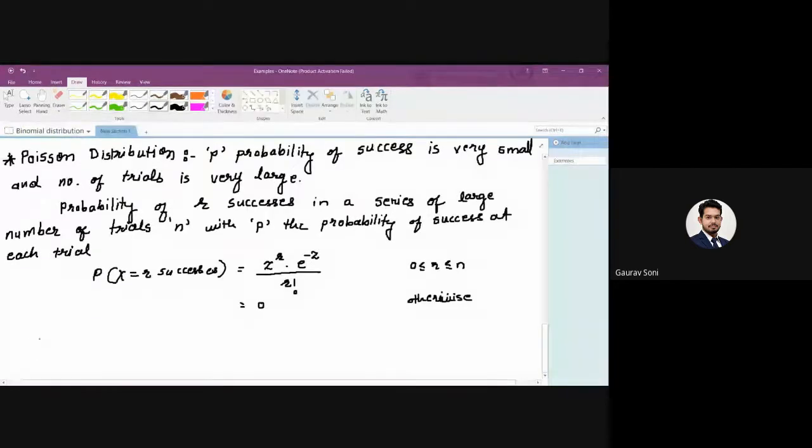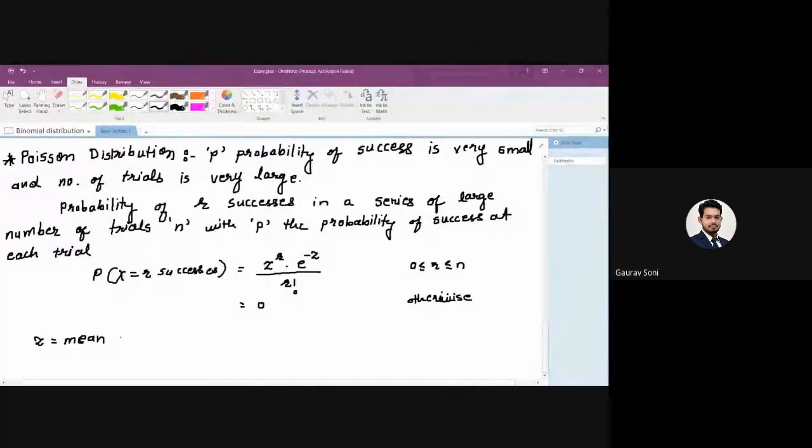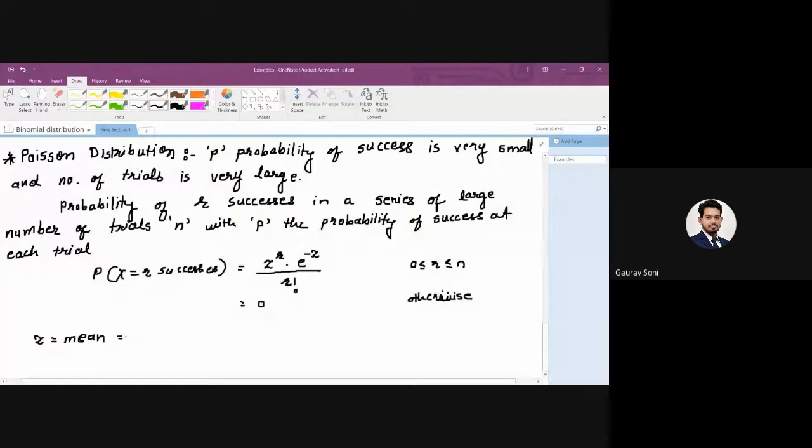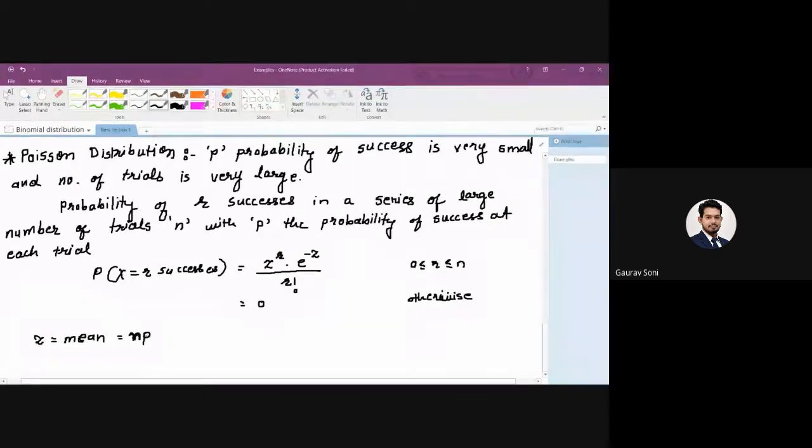So z is nothing but the mean. What's the formula for mean in binomial distribution? NP. N into P. So the value of z will be calculated as n into p.